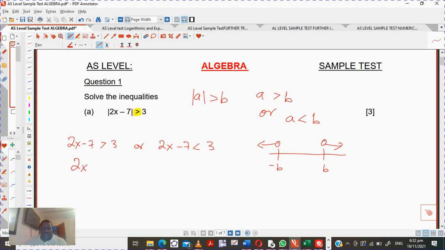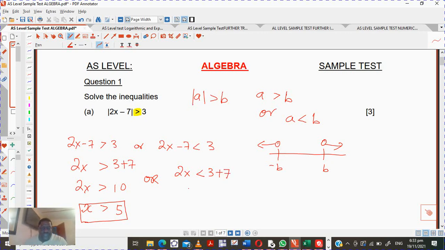So 2x is greater than 3, you add 7, that is 2x is greater than 10. I see a little mistake there, I was just a bit too fast with my answer. So x is greater than 5, that will be one solution. Or 2x is less than negative 3 plus 7.